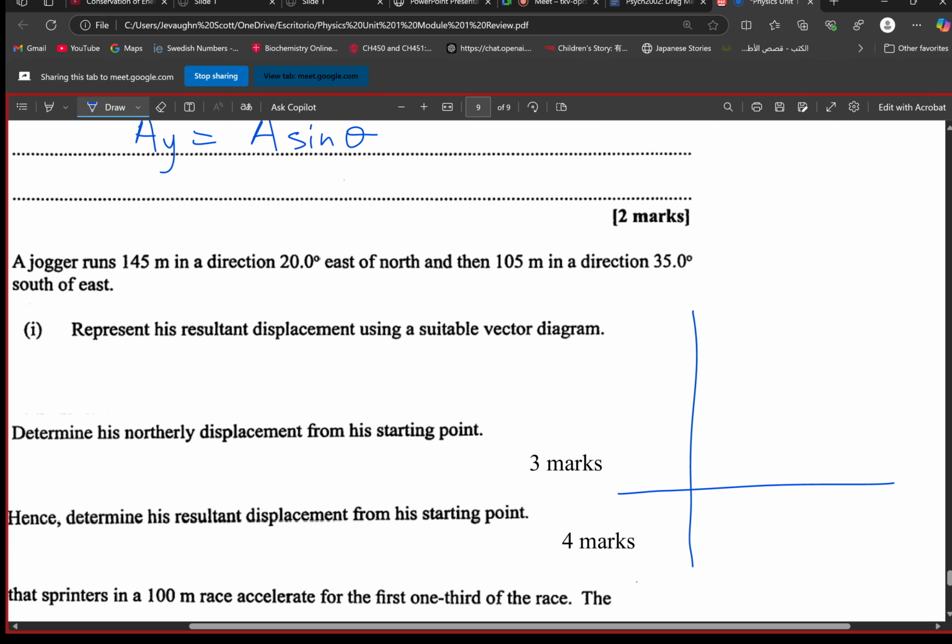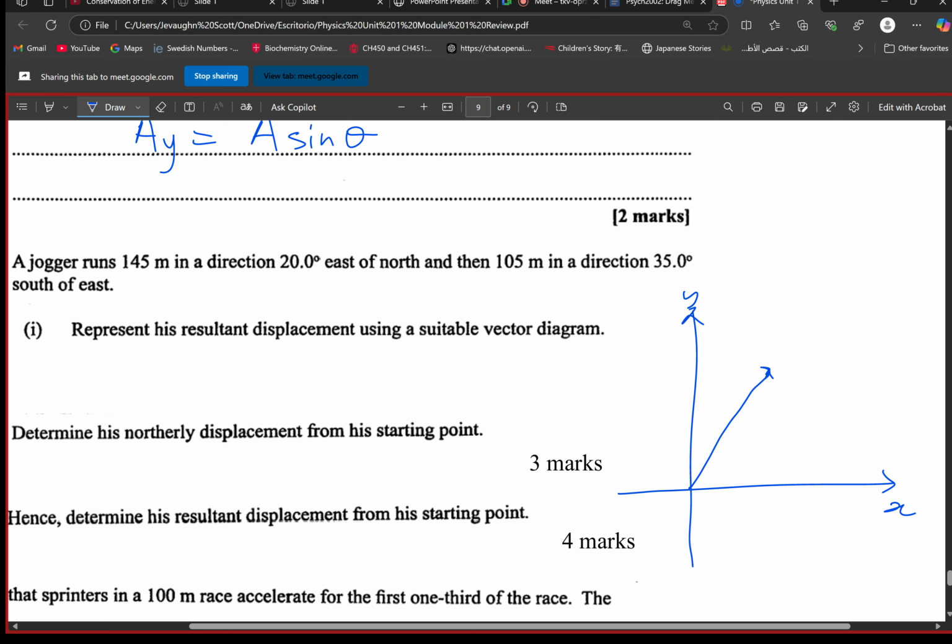We're looking at the x component, so we're looking at this here. Let's just do that. We have a vector there at an angle. So we're looking at east of north, so it would be over into the positive y and the positive x direction.